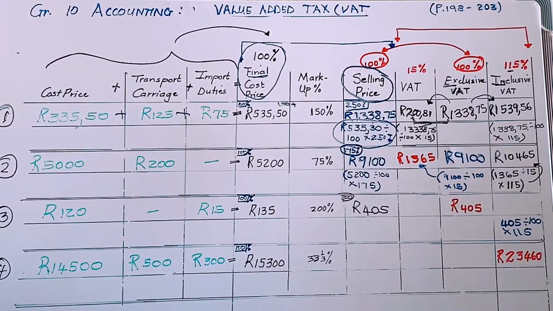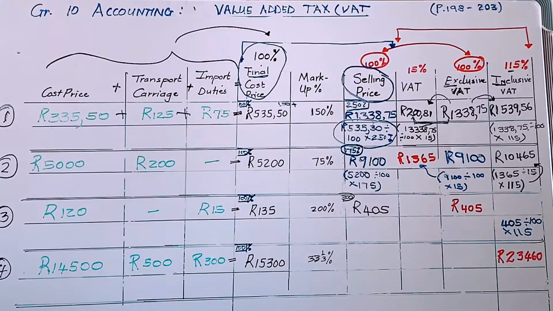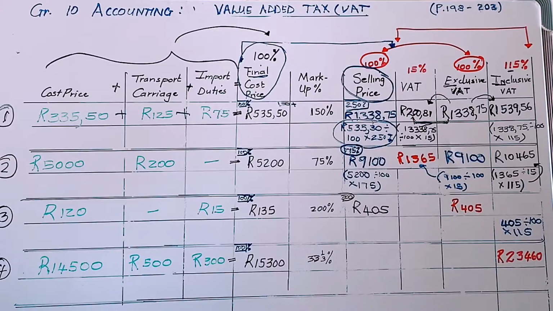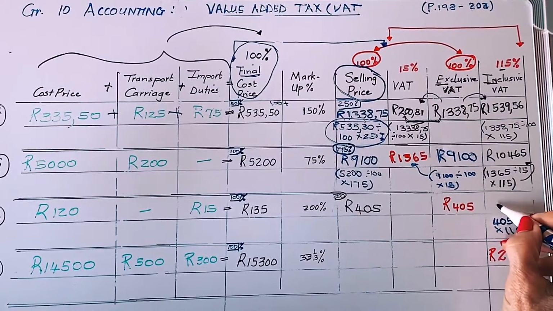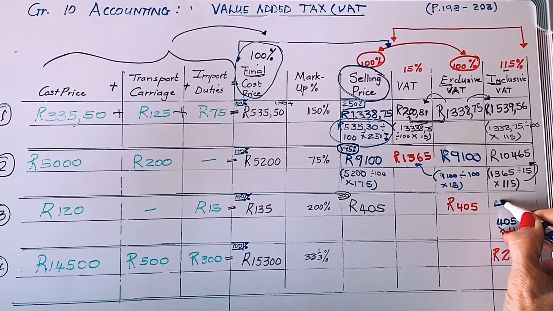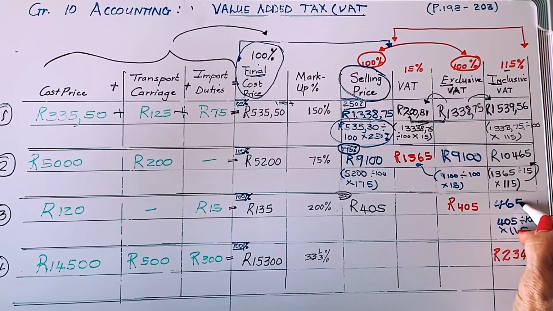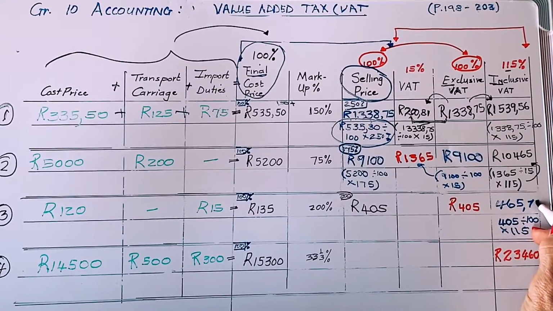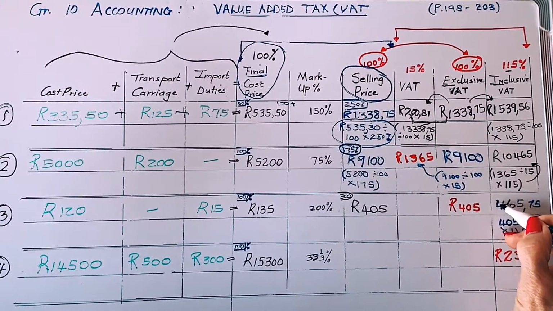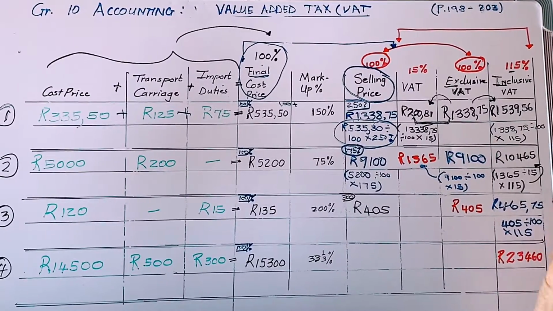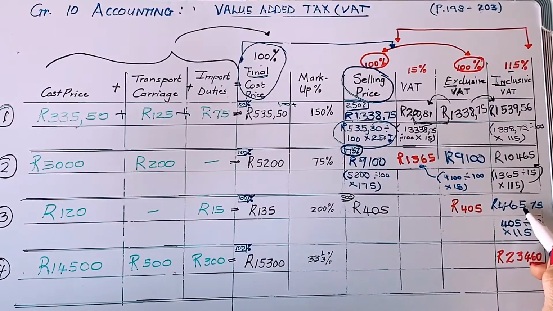And if I've done that, it gives me the amount of 465 Rand and 75 cents. So this becomes 465 Rand 75 cents. That is my inclusive VAT amount.